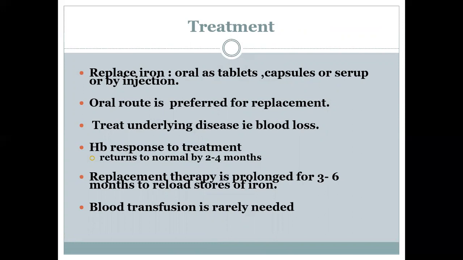We need to treat the underlying disease if there is blood loss, especially. The hemoglobin will return to normal after around 2 months, and therefore the replacement therapy needs to be given for at least 3 months so that we can replenish or reload the iron stores.